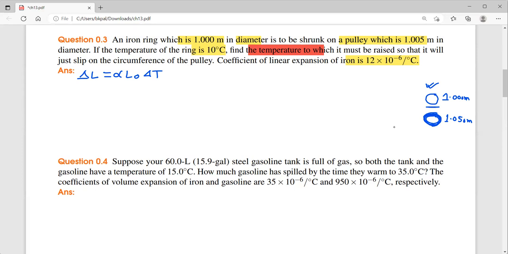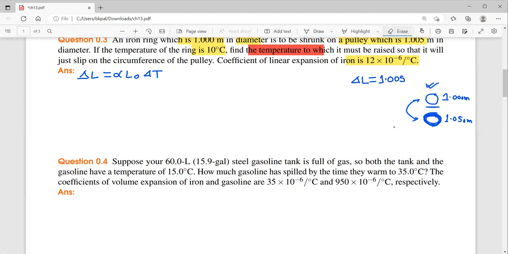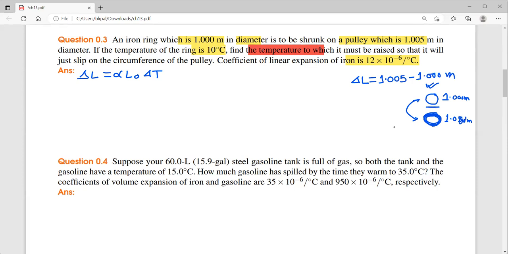So we have to change the diameter of the ring by this amount. That means we have to make delta L equal to 0.05 meter.